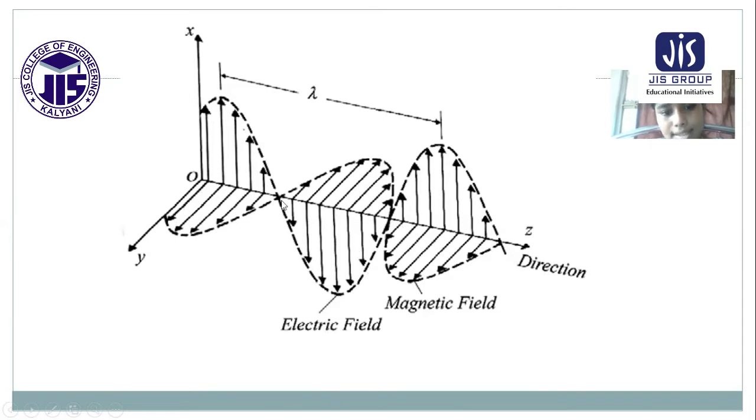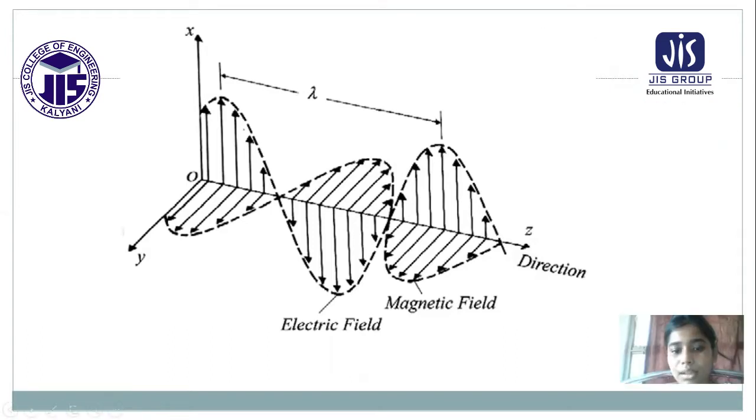Along the horizontal component the magnetic field is there, and along the vertical component the electric field is there. This lambda distance between these two peaks is called the wavelength, which we know from our childhood. Now this is the direction x, y, z.